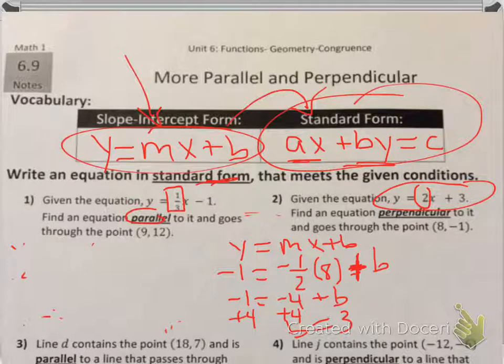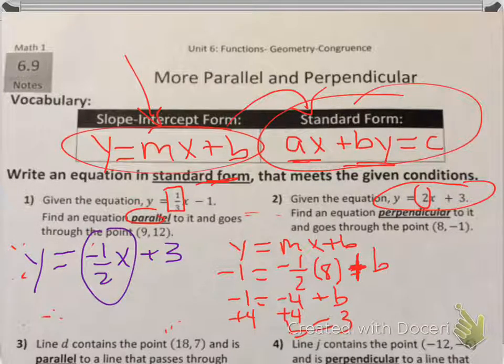So my equation that I'm writing here, and I'm just going to come over and write it back over on this side over here, is going to be y equals my new slope, which is a -1/2 x, and then plus 3. Now this is not in standard form. I need my x's and my y's together over there. This is a negative 1/2 x, so I'm going to add it to the other side.